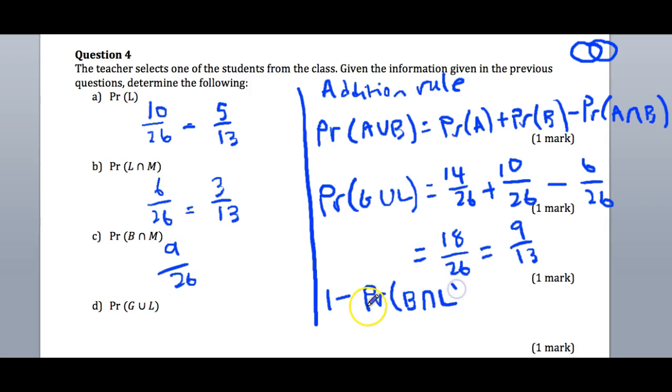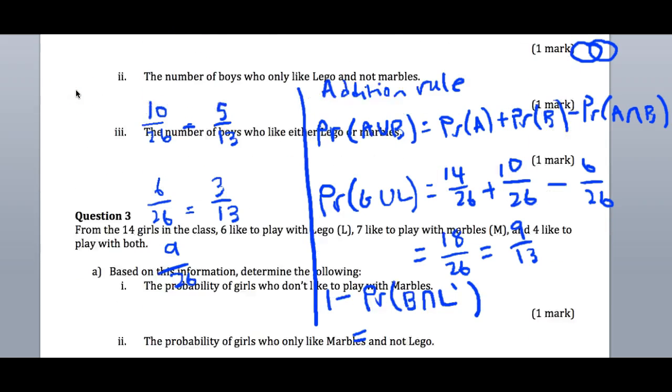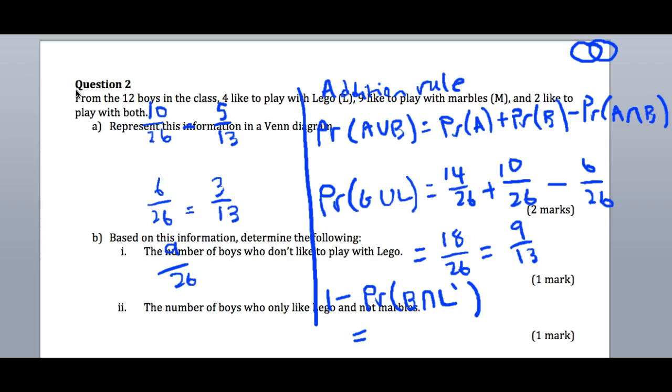Boys who don't like Lego, because if I put marbles there, not Lego is not necessarily marbles, it's not one or the other, because you can be both not Lego and not marbles. So the probability of a boy who doesn't like Lego, we go back up here to the boys.